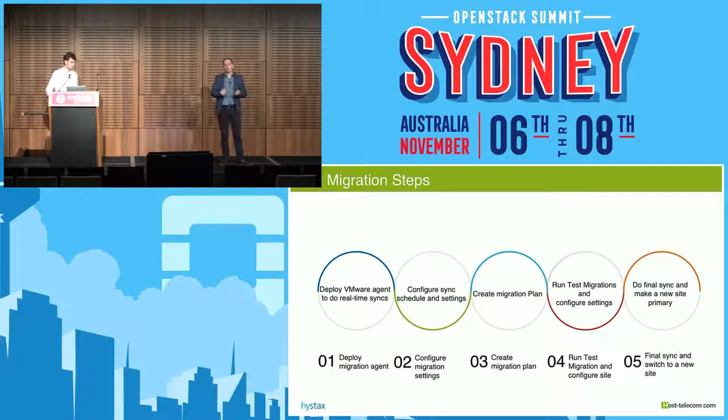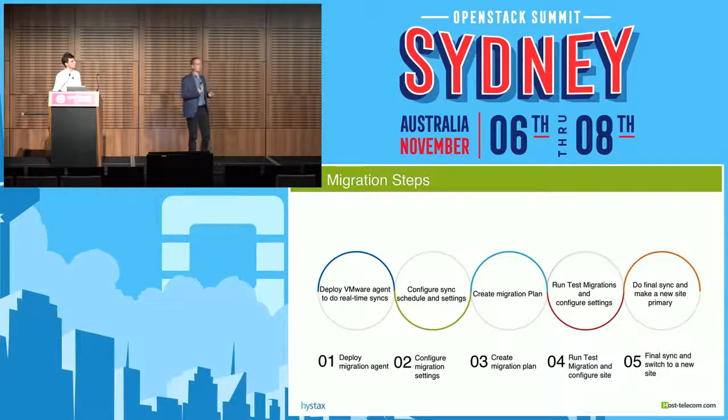The second one, we need to configure the replication settings: how frequently we would like to do replicas or incrementals, or how long we would like to store our snapshots. I will tell about snapshots and why we need snapshotting in the process of migration on a dedicated slide.